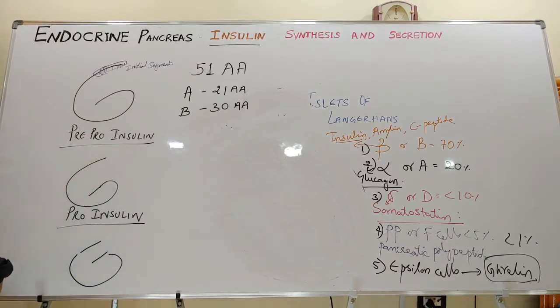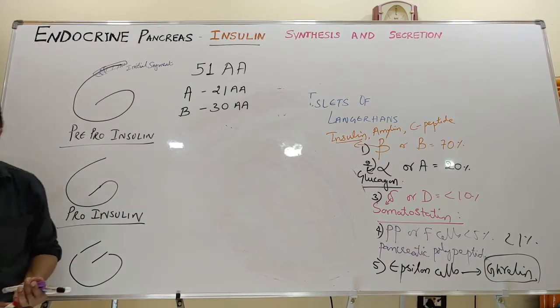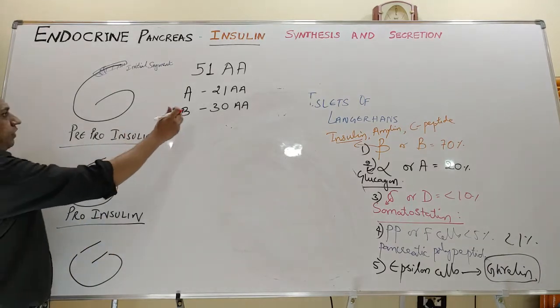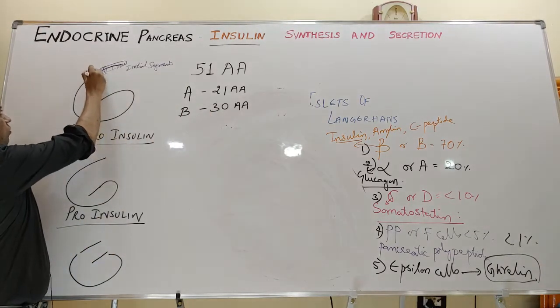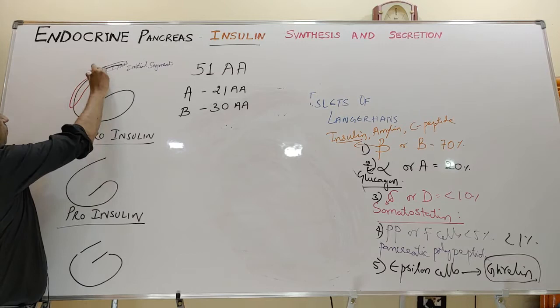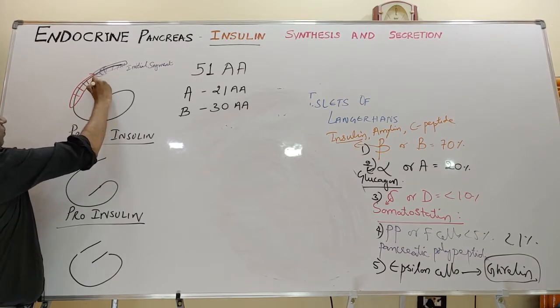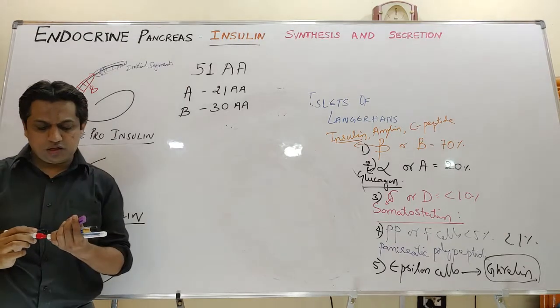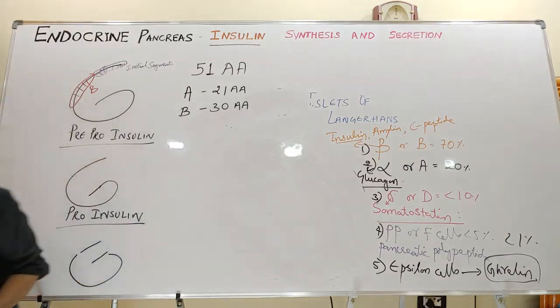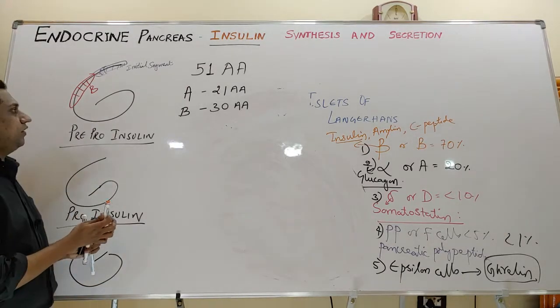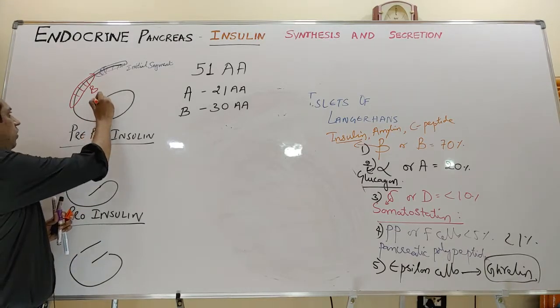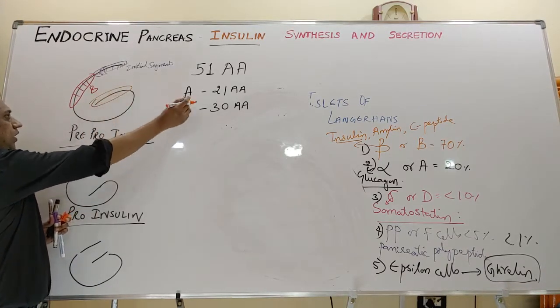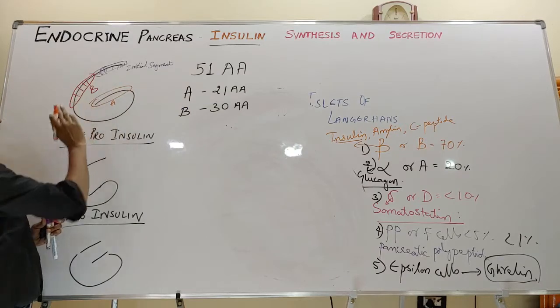Then it has the beta chain of 30 amino acids. So consider this as the beta chain, and this is the initial segment. Then it also has the alpha chain, consisting of 21 amino acids. That is the A chain, and beta means B chain.